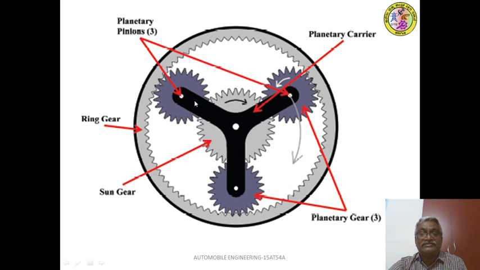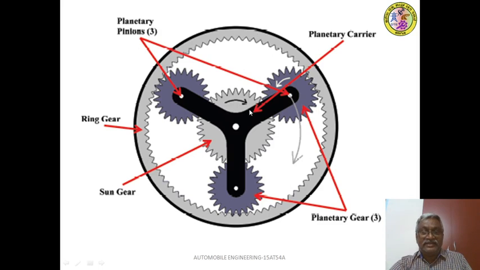The planet carrier is the driven member, whereas this ring gear is stationary. With the epicyclic gear train, if we want the output out of these three members, any one should be locked in order to get the output from this epicyclic gear train. Here the ring gear is locked to the axle housing. The ring gear is stationary, it is not revolving.